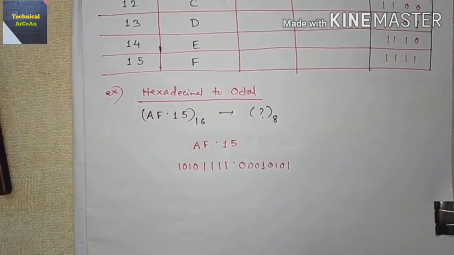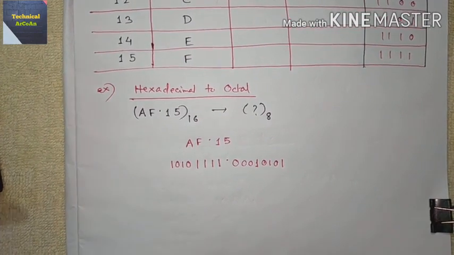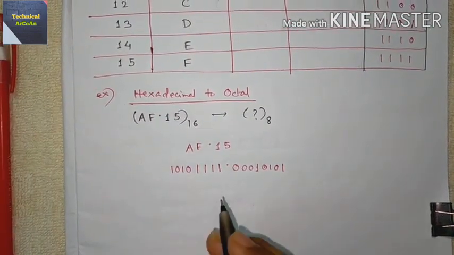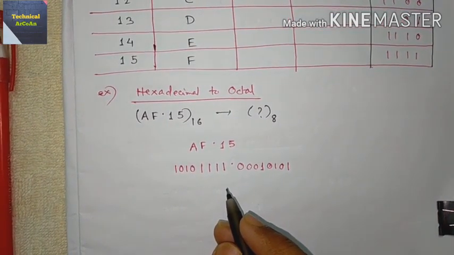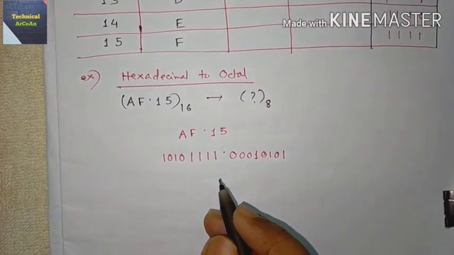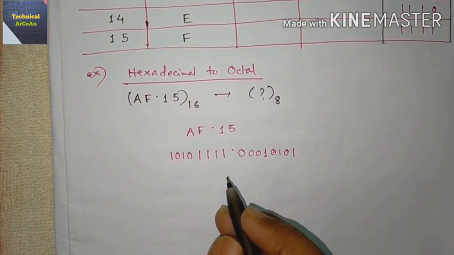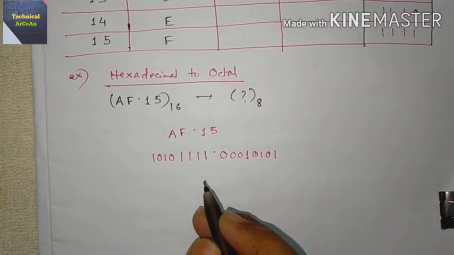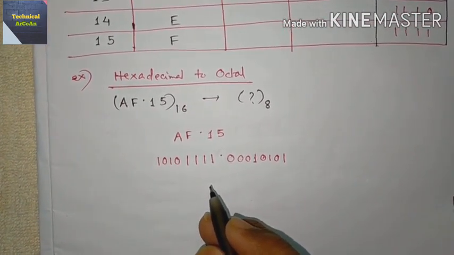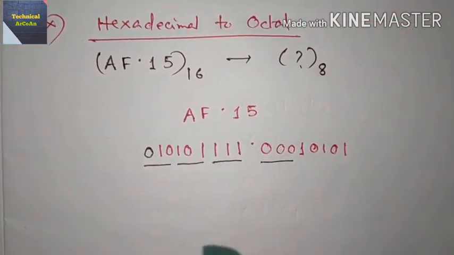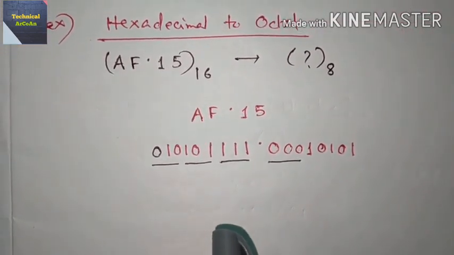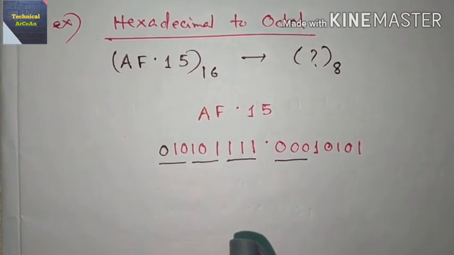Now we convert it into octal. So what happens in octal? The grouping is in 3 digits. In hexadecimal, the binary equivalent grouping is done in 4 digits, but in octal the binary equivalents are formed in 3 digits, means each group is formed using 3 binary digits.